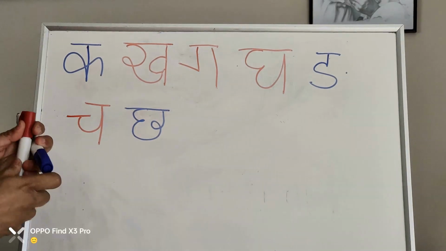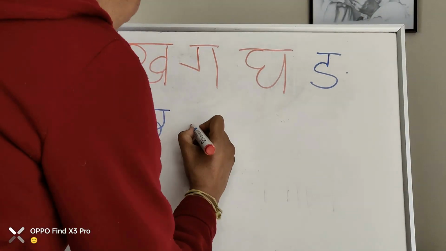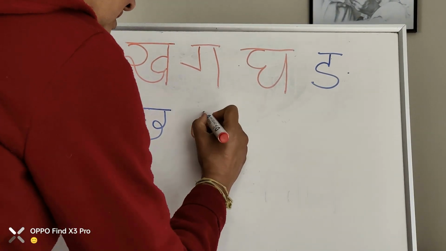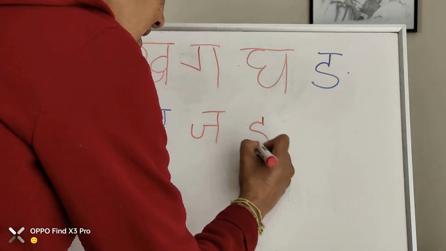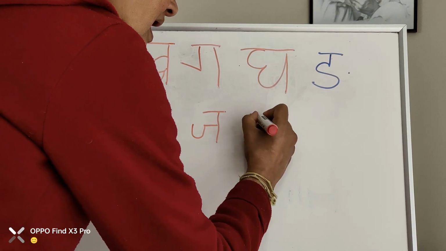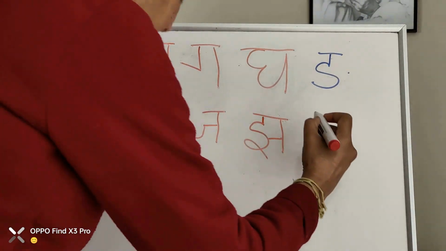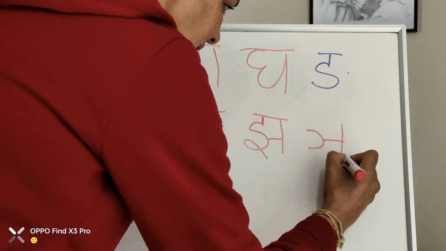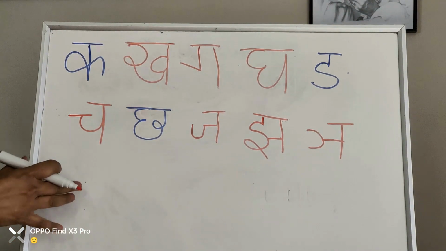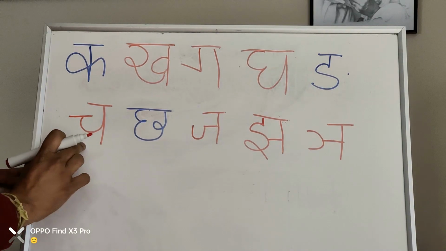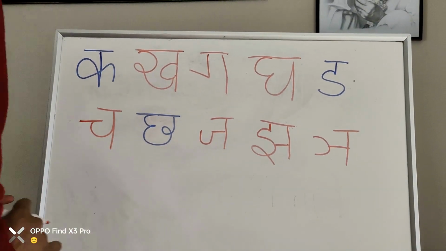What about J? Very good. It does have a line at the end. Jh. Yes. And Nya. Well done. It has a line at the end too. Very good. What comes next? K varga, Ch varga, T varga.